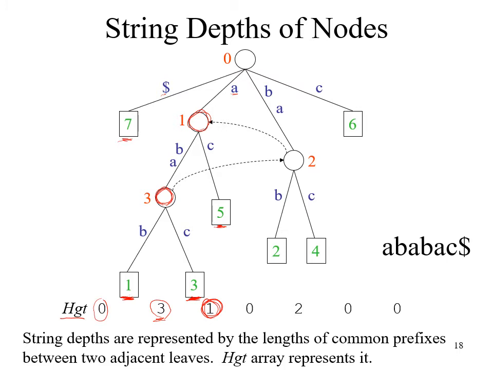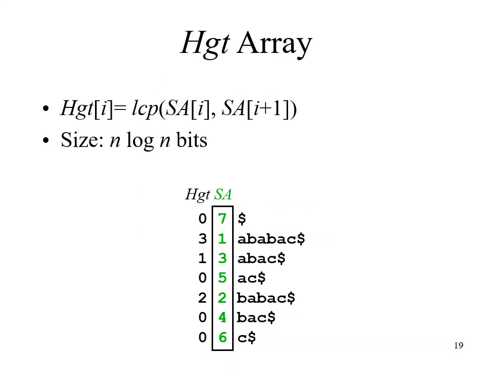So if we have this height array, then we can compute the string depth of an internal node. Okay, this is the definition of the height array. Height of I is the length of the LCP between two suffixes adjacent in the suffix array.